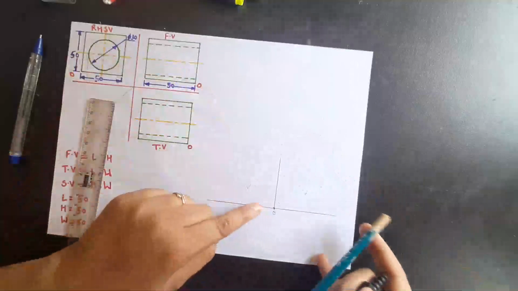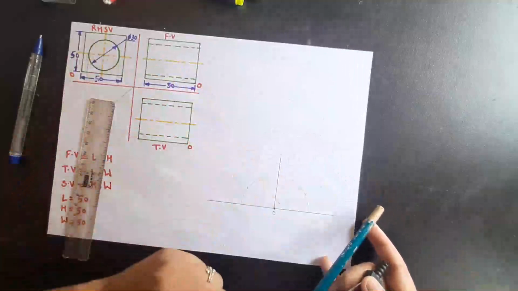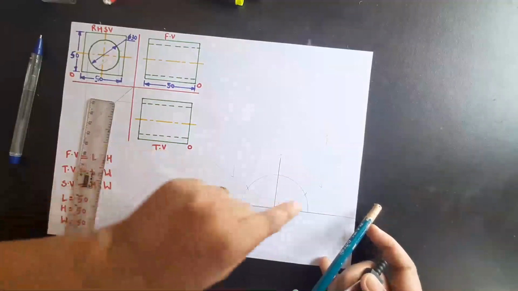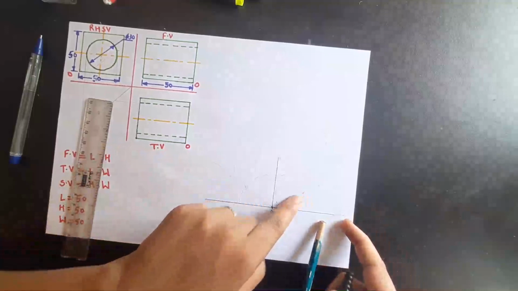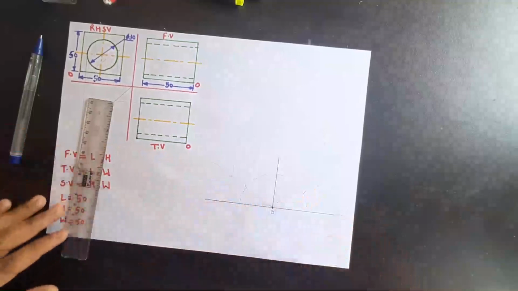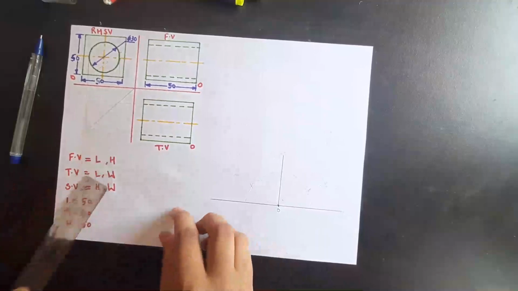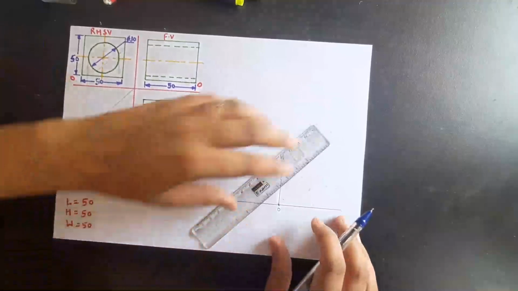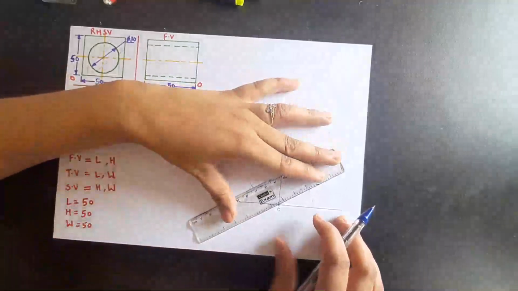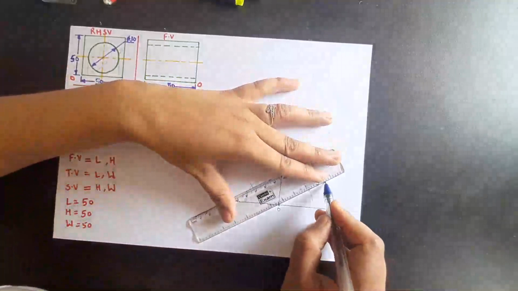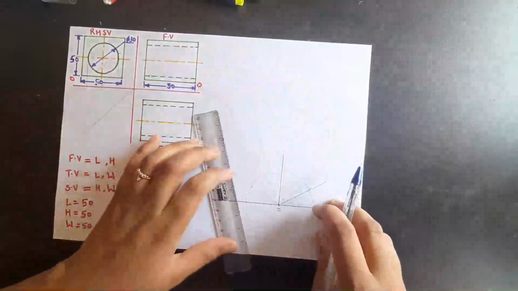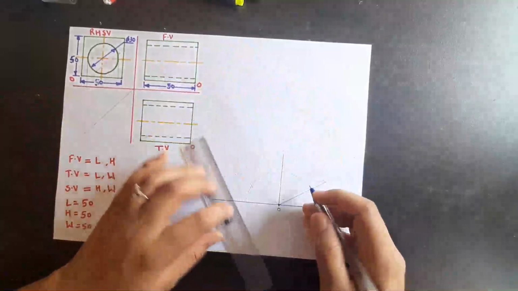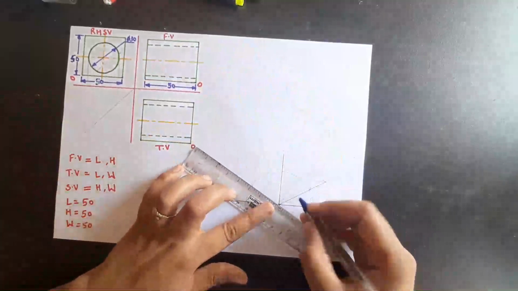You can see here I have drawn a faint 30 degree angle, and you can see that this point is also cutting on that line. That means by using the compass also you can find the 30 degree angle. Now simply draw a line passing through that intersection arc point. That point will be at an angle of 30 degrees.